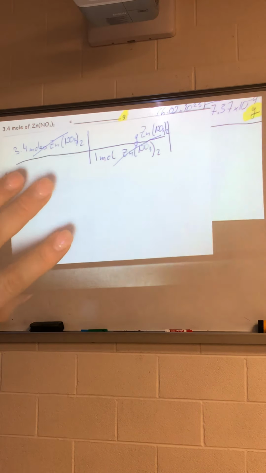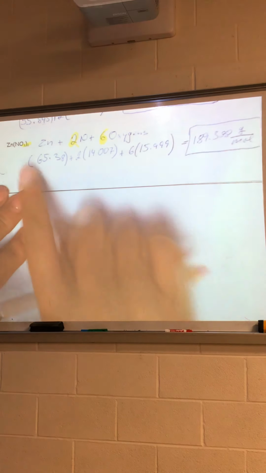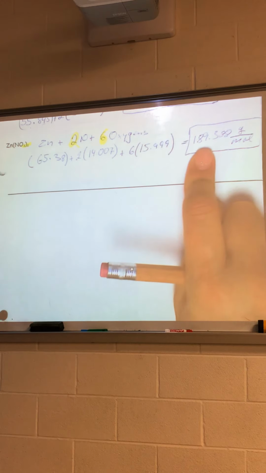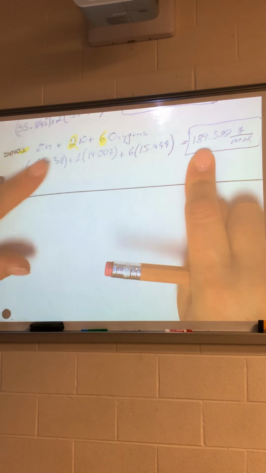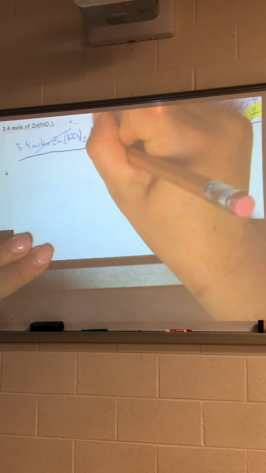Are you ready? How many zincs do I have? 1, 2, 3. All right. If you look at your previous page, when we did our calculation, how much is 1 mole of zinc nitrate? 189.388, right?